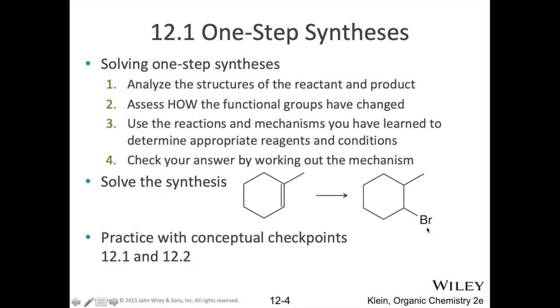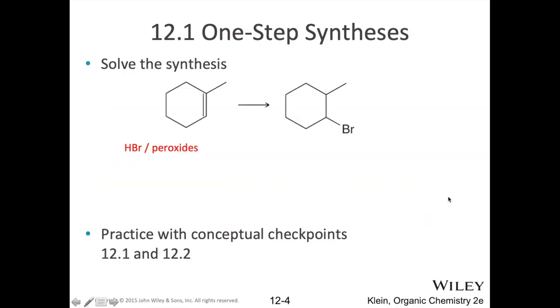What else do we need in our reagents to get this reaction to happen this way? If I added HBr by itself, the bromine would have added to this carbon up here. Hopefully you remembered that to do this anti-Markovnikov addition, we need a peroxide in there of some sort. That will encourage the radical mechanism to take over and make this anti-Markovnikov product.